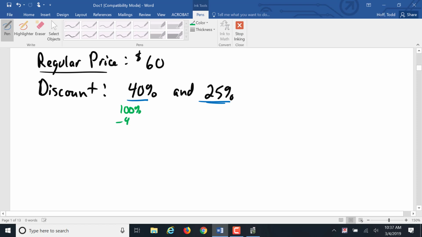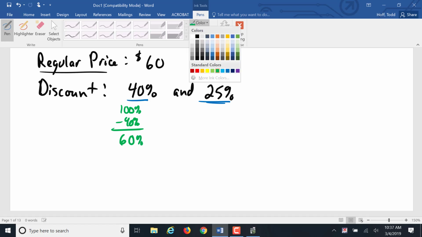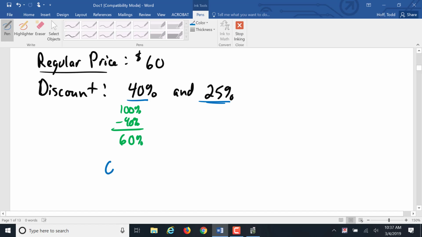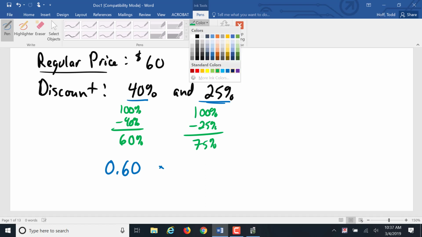100% minus 40% leaves us with 60% that's going to be paid after that first discount. Make that a decimal of 0.6 or 0.60. For the 25%, we do 100% minus 25%, which leaves us with 75% of the remaining amount paid after the second discount.